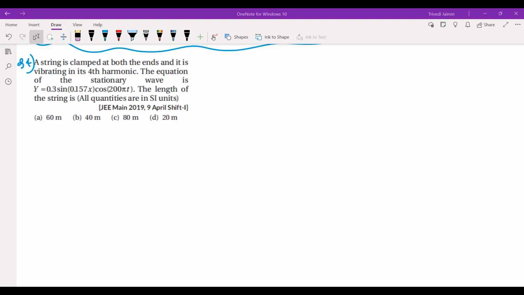First thing, let's write what is the equation given. Y equals to 0.3 sine 0.157x cos 200 pi t. This is what equation is given.